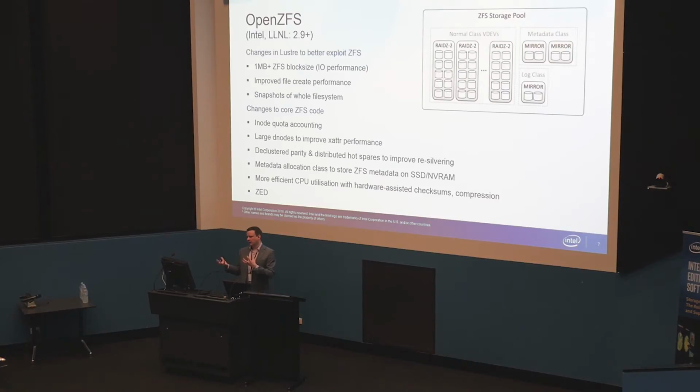And what we've done is we've developed two new classes. There's a metadata class, which means that the ZFS metadata, as distinct from, say, the Lustre metadata, can be separated onto discrete devices. So that means that this really small, random, very transactional, high-IOPS I/O can be segregated onto a device class that supports that more effectively than, say, a spinning disk.